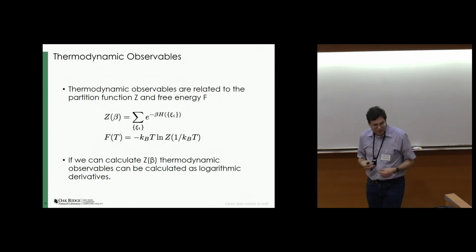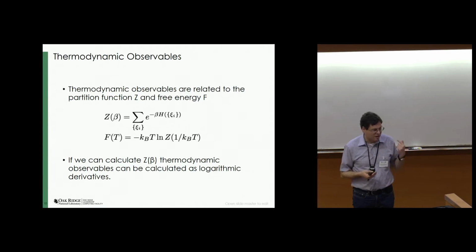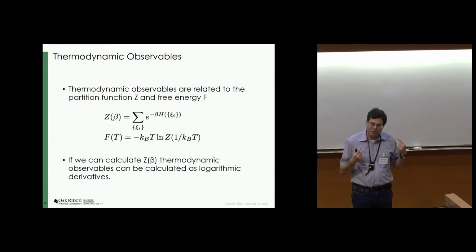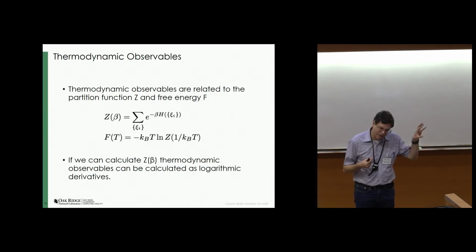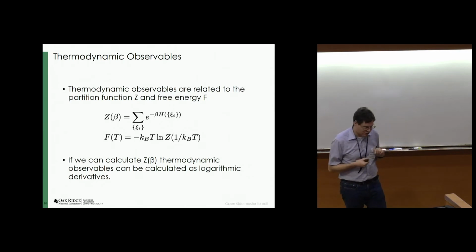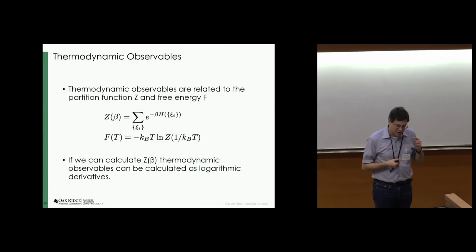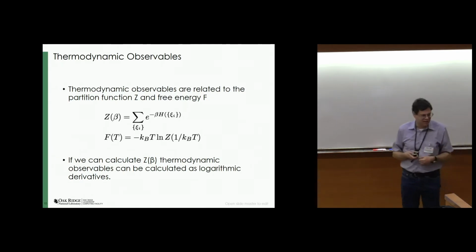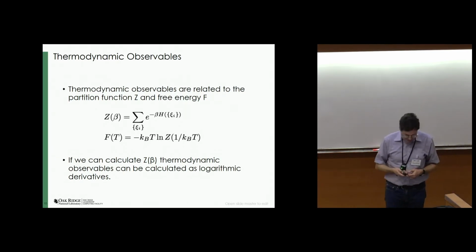So if you're interested in expectation values of the magnetism of the system, instead of sampling over the instantaneous magnetization of the system with this probability density that I showed two slides before, you can also take the derivative of the free energy with respect to the magnetic field, and the value at zero field is the expectation value of the magnetization.